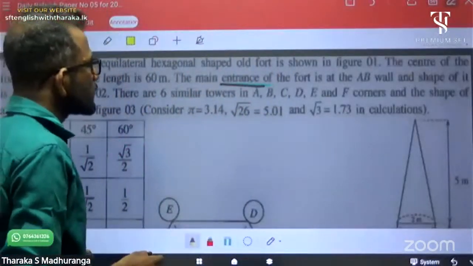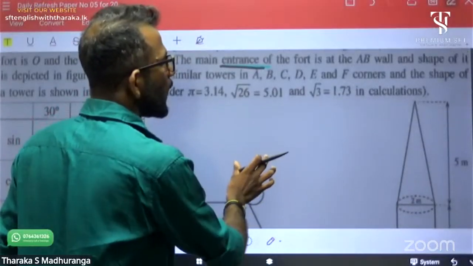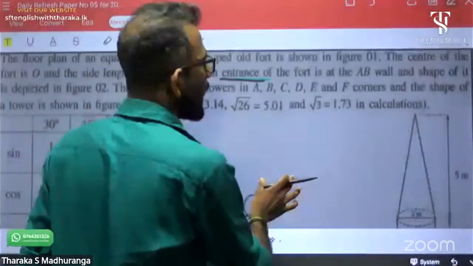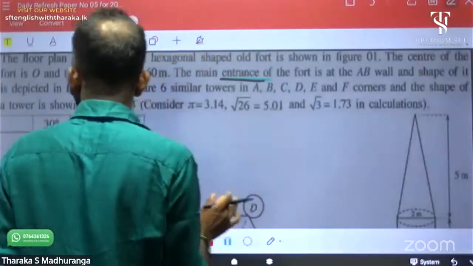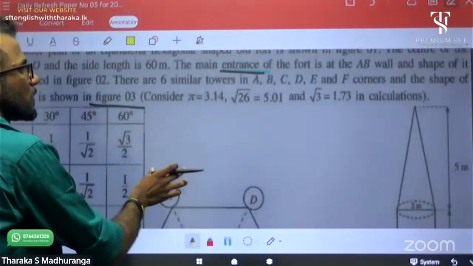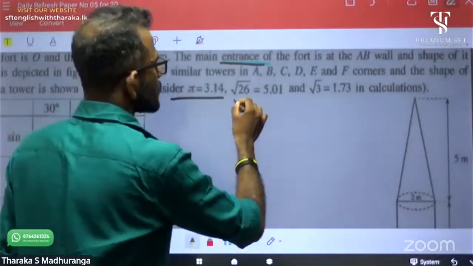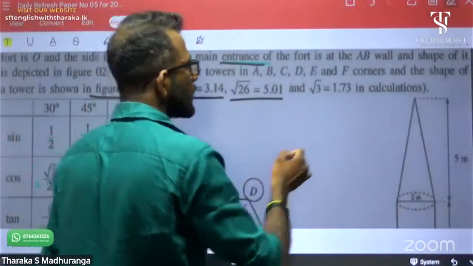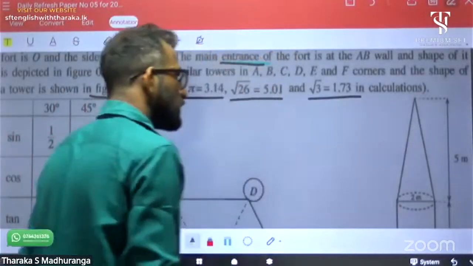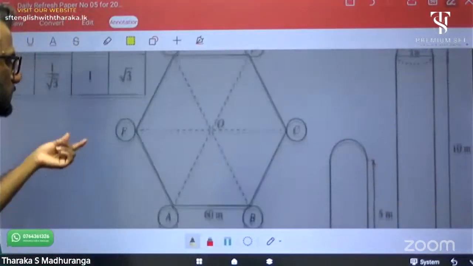There are 6 similar towers at corners A, B, C, D, E, and F, and the shape of a tower is shown in figure 3. Consider pi equal to 3.14, root 26 equal to 5.01, and root 3 equal to 1.73 in calculations. Sine, cos, tan values are given.